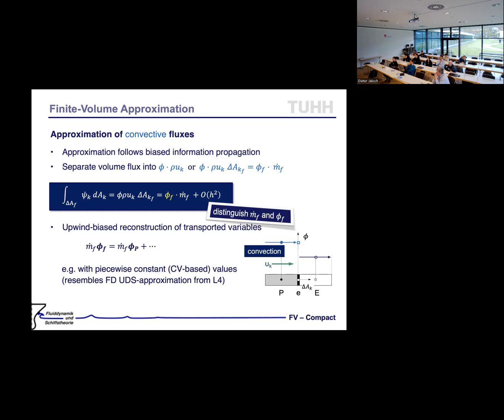People call this monotonicity. So a scheme that doesn't predict over or undershoots is called monotonicity preserving, which means you don't allow the first derivative to change sign. Essentially, you can go like that, or you can go like that. That's okay, but not over or undershoot because you introduce severe oscillations.